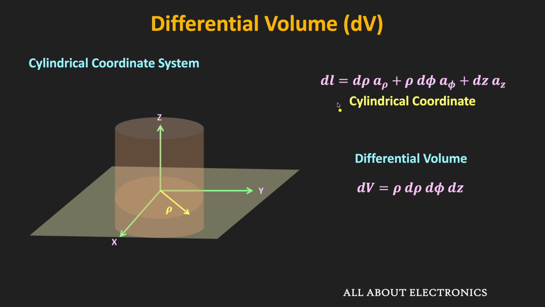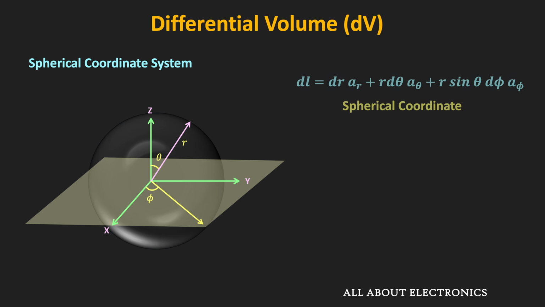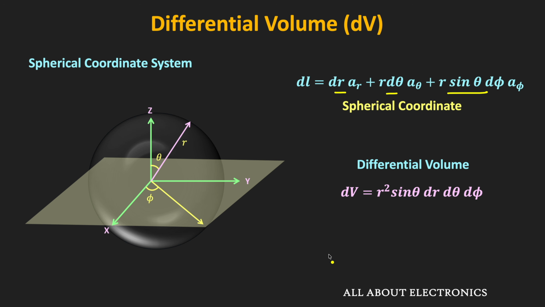That means here, we have multiplied all the three components of the differential length all together. And likewise, in the spherical coordinate system, this differential volume can be given as r square sine theta times dr times d theta times d phi. That means once again, here we have multiplied the three components of the differential length. And in this way, we can find the differential volume in any coordinate system.